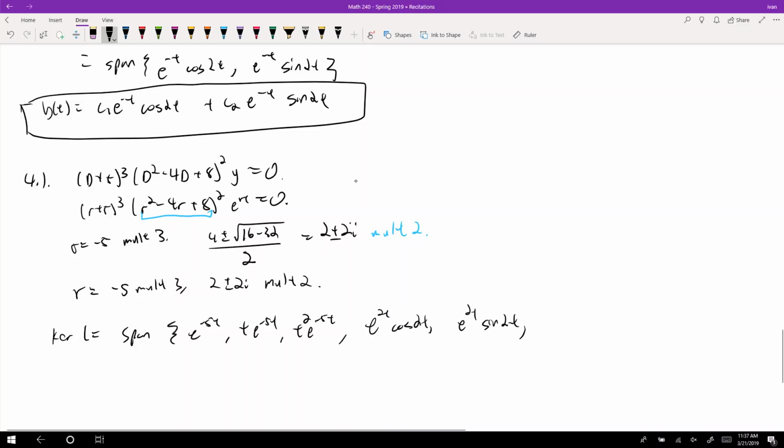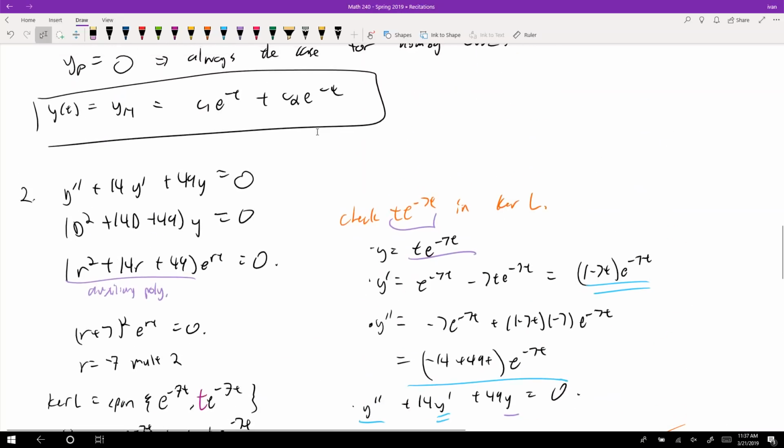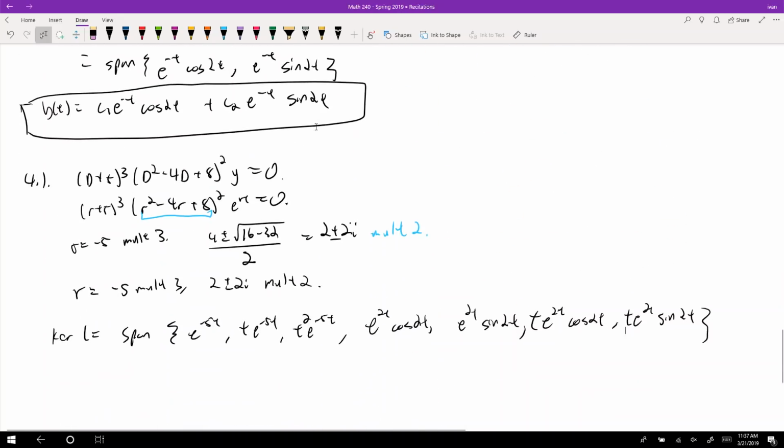But remember, these get repeated, so I have them twice, and for the repeated terms you just add a t in front like usual. That's the fourth example, and that should cover pretty much every example of ODEs that you need to be able to solve.